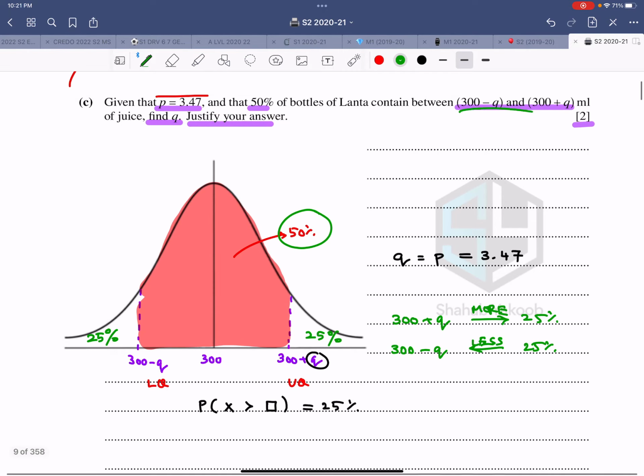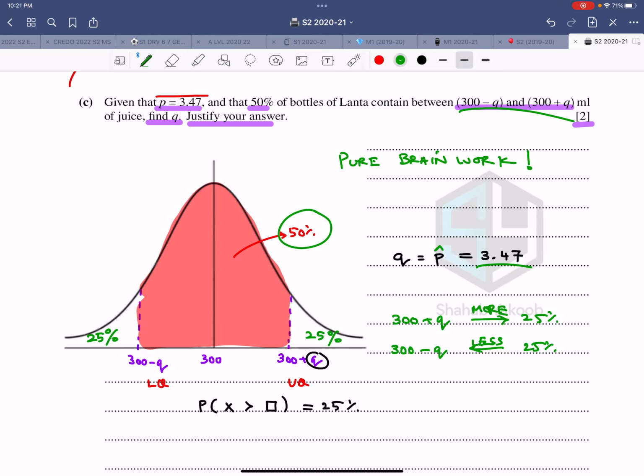So therefore this q is nothing but p, and the value of p is 3.47. As such, there is no calculation involved. It's pure brain work. Okay? It's pure understanding the concept of symmetry, and that's how this thing is applicable.